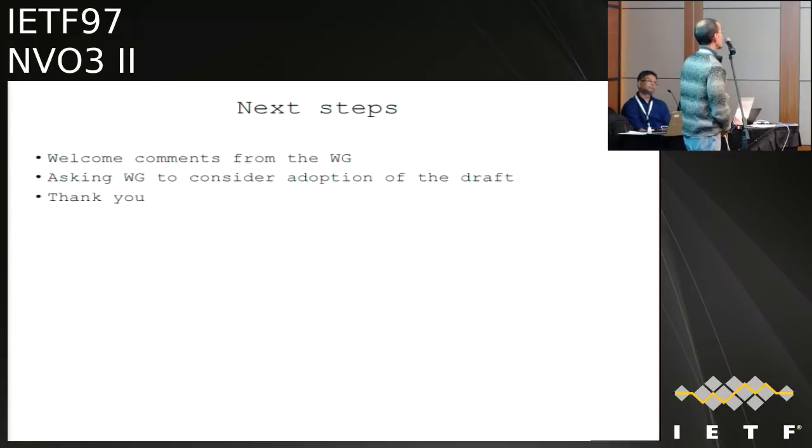But we definitely would appreciate consideration and discussion about whether there is interest to continue this work on common OAM for all overlay technologies. Okay, thanks.